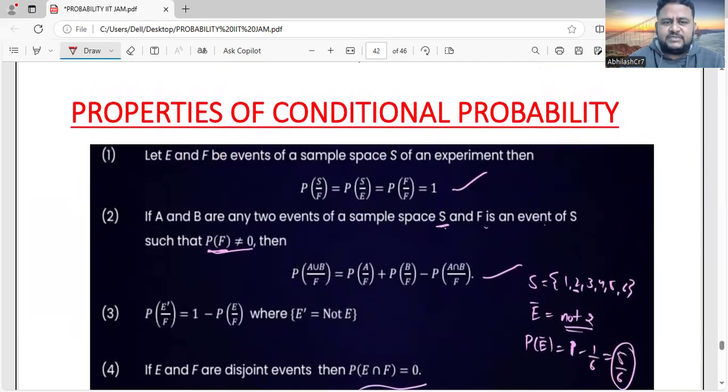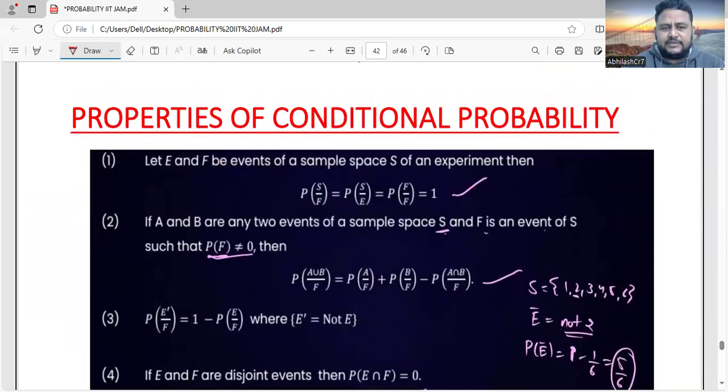When it comes to properties of conditional probability, you have to remember this. Just listen here carefully. Observe carefully, you can look at the screen.